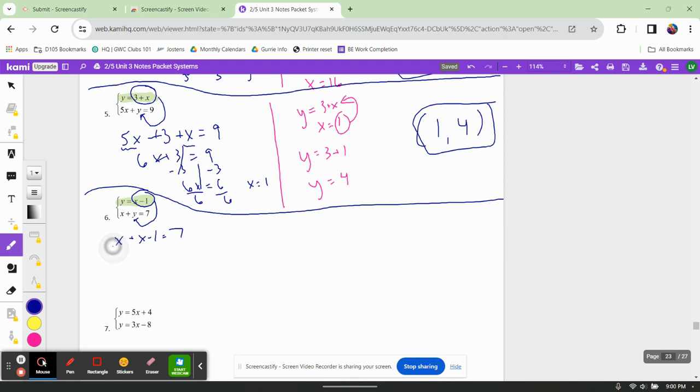Let's put our like terms together, x and x. That gives us 2x minus 1 equals 7. To get the 2x by itself, to isolate it, I'm going to add 1 to both sides. 2x equals 8. Divide both sides by 2 and you get x equals 4.